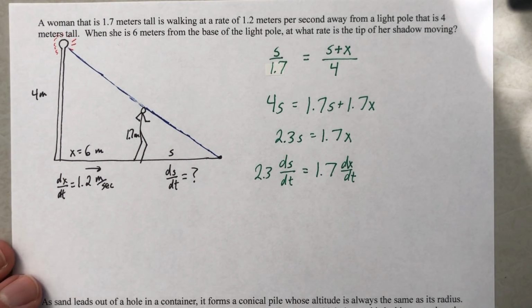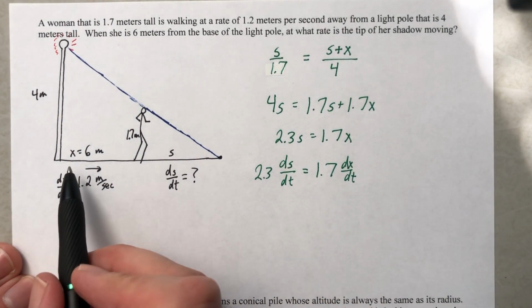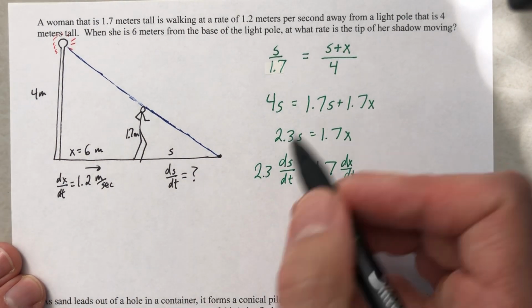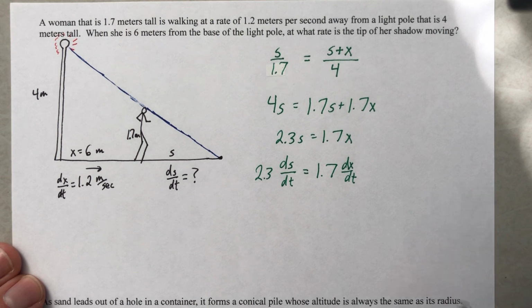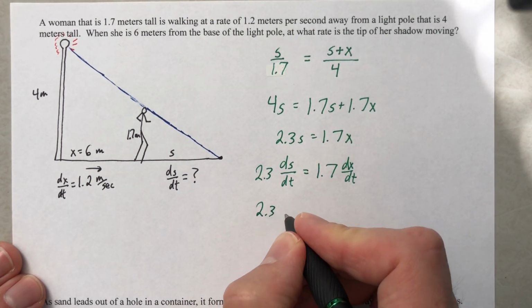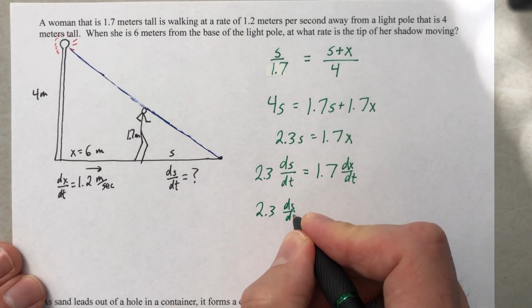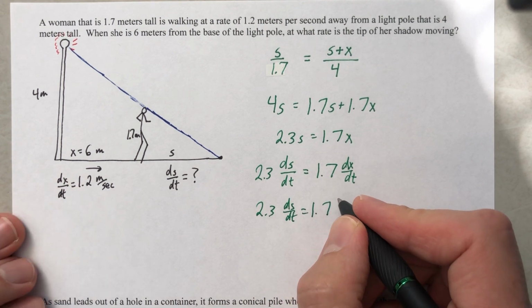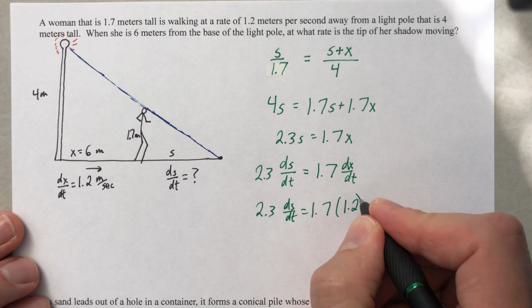So actually we never ever needed to know what x is or even what s is, and that's okay. Sometimes you just kind of keep going with it and you'll realize, hey, I don't need all that. So 2.3 times ds dt is equal to 1.7 times dx dt, which is positive 1.2 meters per second.